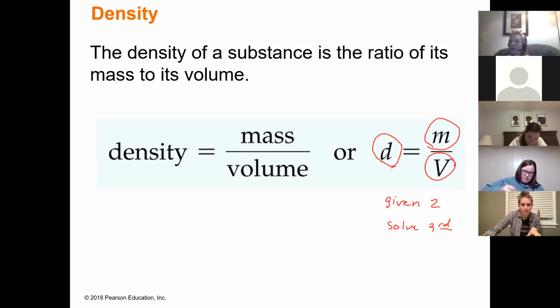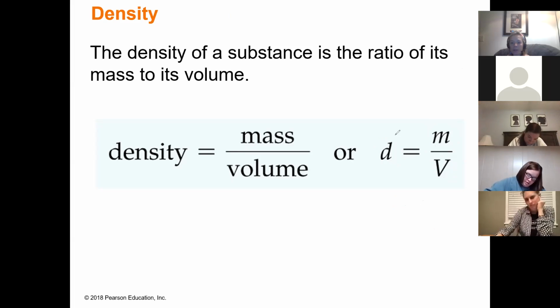If I gave you just one of these, you could not solve for the other 2, okay? So you'll be given 2 and you'll solve for the third. Sometimes you'll be given mass and volume and you solve for density. That's great. Sometimes you're given density and volume and you have to solve for mass.